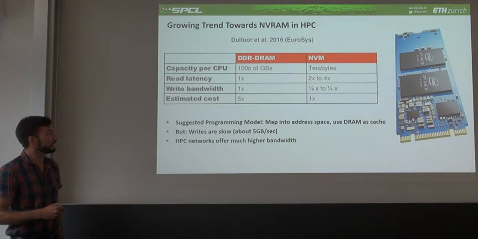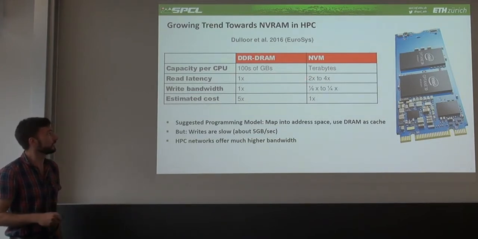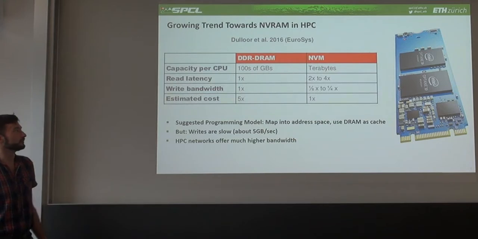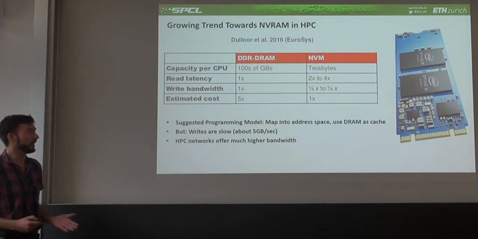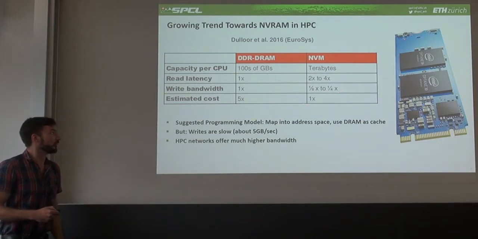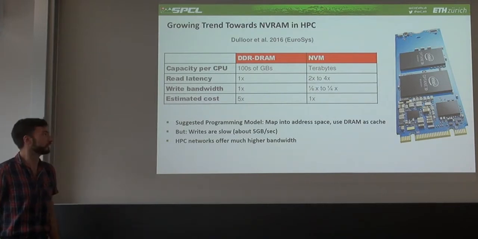The downside is that the read latency of NVM is a bit slower than that of DRAM, and the write bandwidth is actually much slower. So for the write bandwidth, we expect only an eighth up to a fourth of the write bandwidth of DRAM. But of course, at a much lower cost, which in turn enables us to have more such memory.